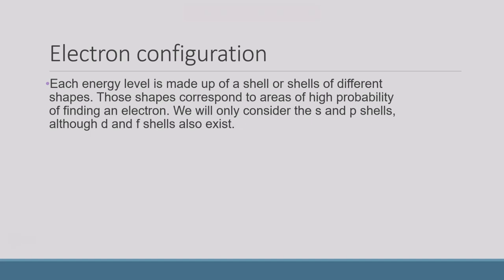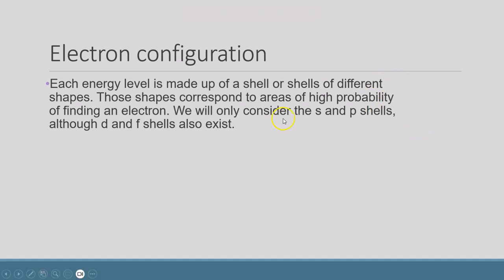We're also going to zoom into n equals 2 and into n equals 3 and into the beginning part of n equals 4 and see what kind of shells exist in those energy levels. Now, the shells are really just different shapes that correspond to areas of high probability of finding an electron.